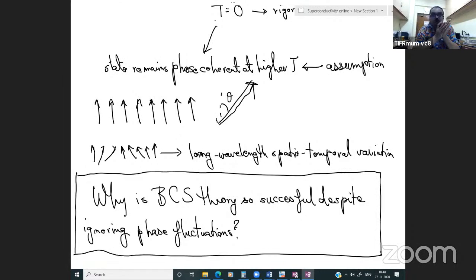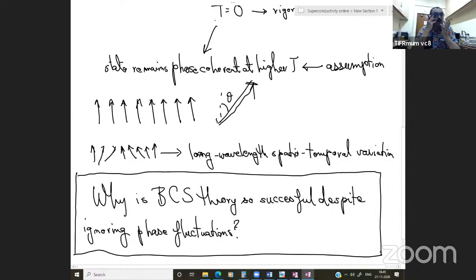So suppose, as I have mentioned to you before, if you had to excite the amplitude oscillation, then that's an excitation that requires a finite threshold energy. But the phase excitation is breaking a continuous symmetry. So this one is something that you can excite with infinitesimally small energy.